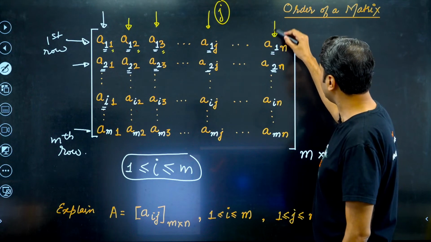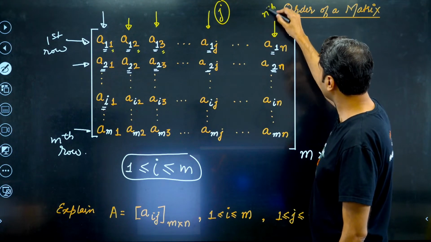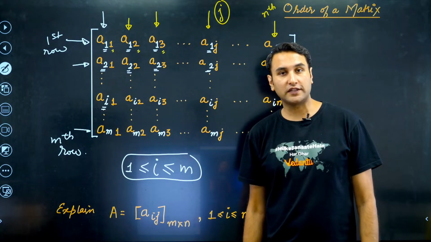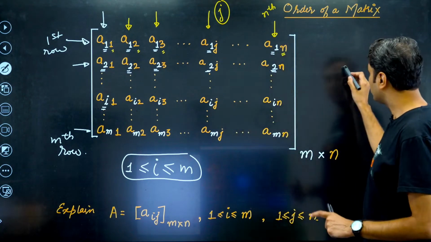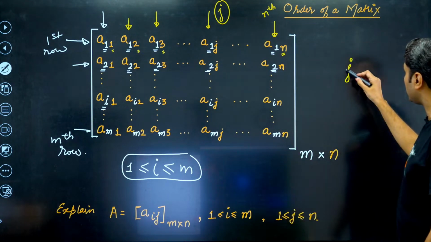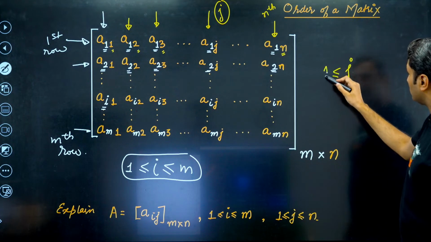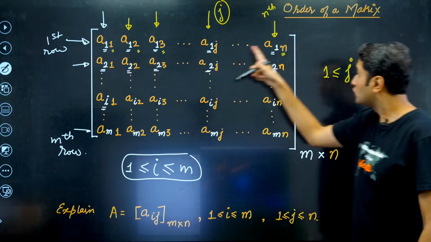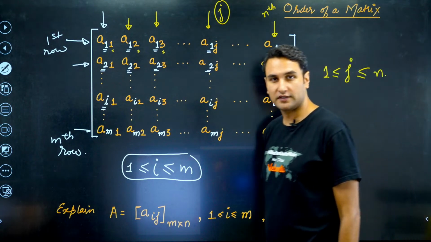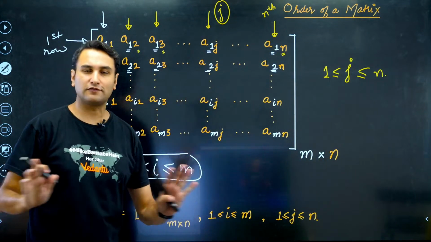And this is the nth column, right? So how many columns are there? n columns are there. So if j represents the number of the column, then j takes values from column number 1 to column number n. Does that make sense? It makes sense, right? Clear? So this is very simple.